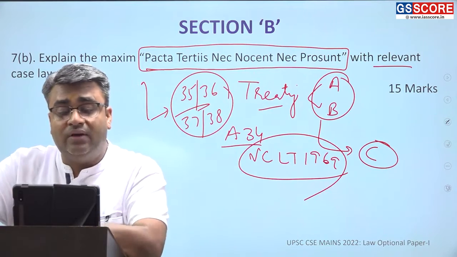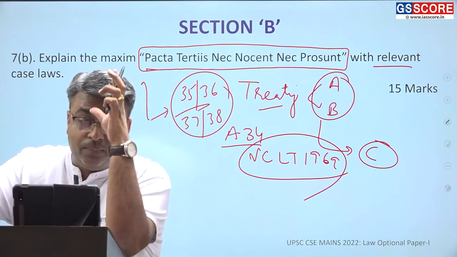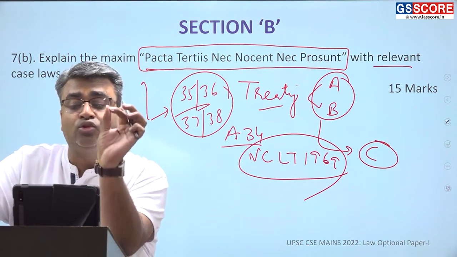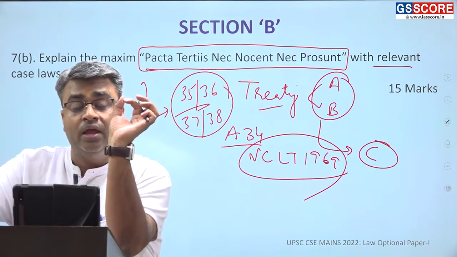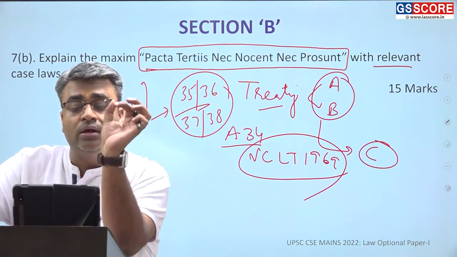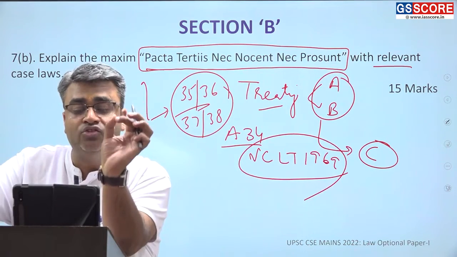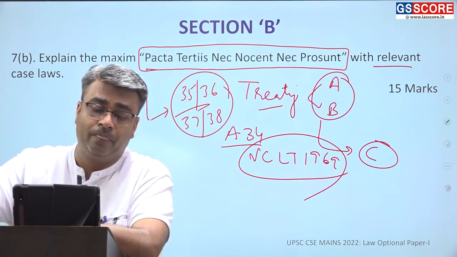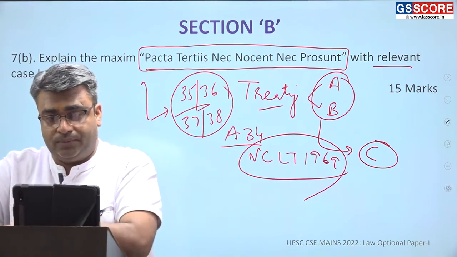So Article 35 simply says, if the third state expressly acknowledges the obligation, it makes it binding. Similarly, Article 36.